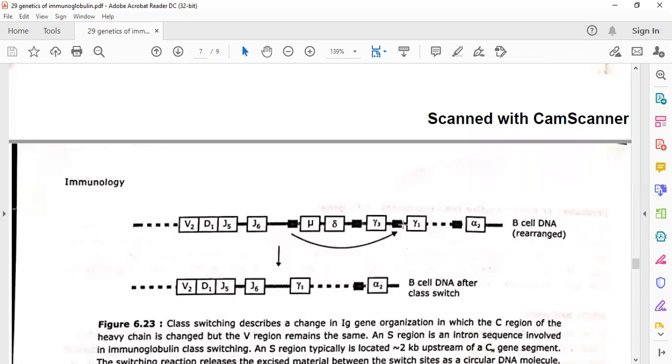Okay, so this will be cleaved out here. Mu, delta and gamma 3 will be cleaved here, and alpha 2 will remain here. After that, alpha 2 will be removed here, then only gamma will be here. So IgG1 will be prepared here.